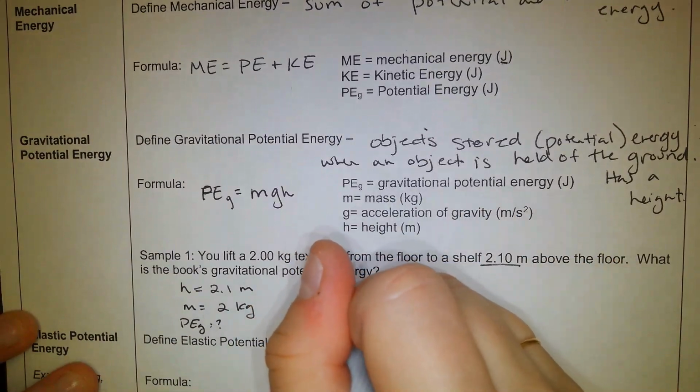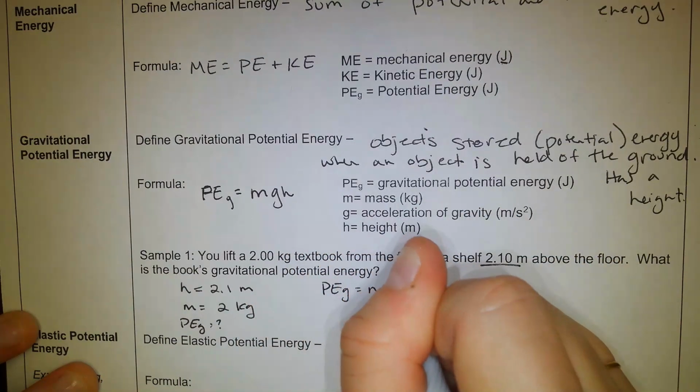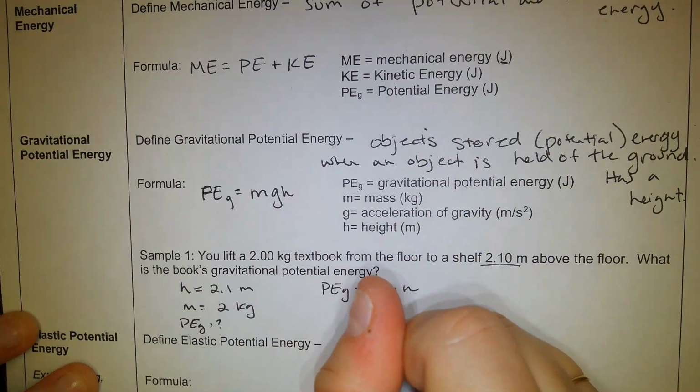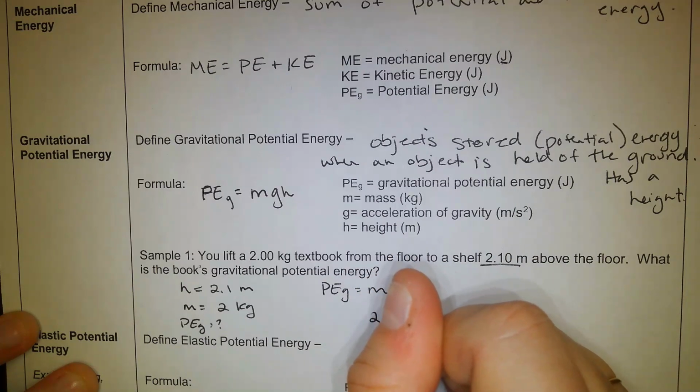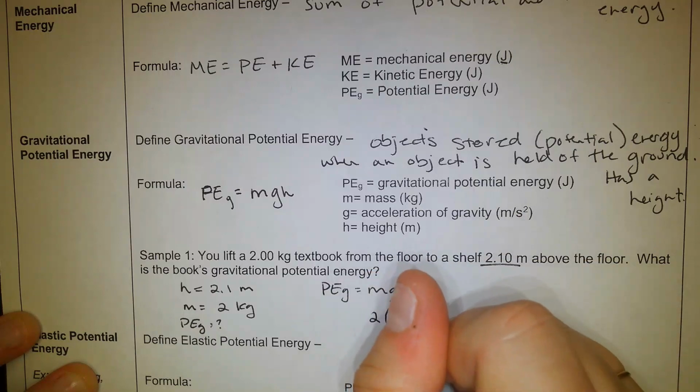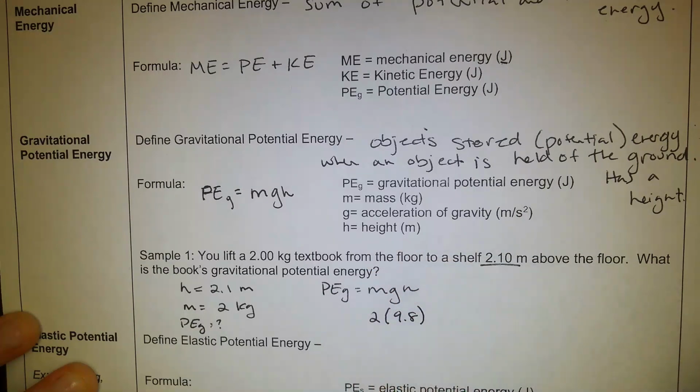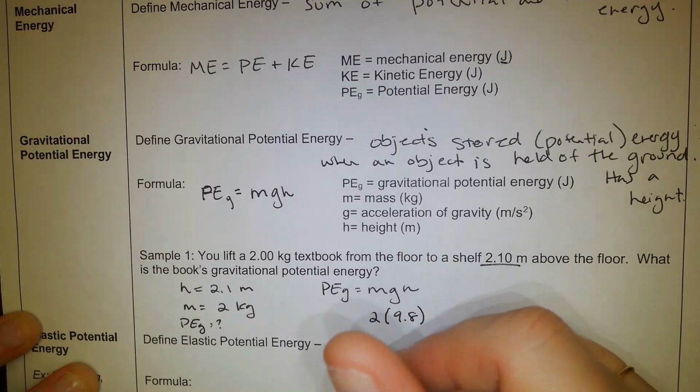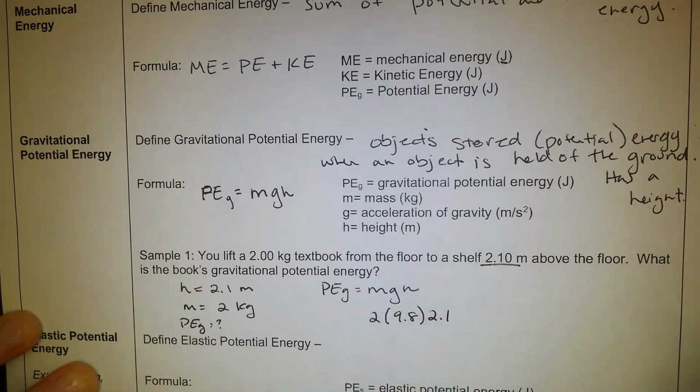Okay, so gravitational potential energy is equal to mass times gravity times height. We know the mass is 2. We know gravity is, we use negative 9.8 a lot in my class, but if we're talking about energy, you're not going to have a negative energy, right? Kind of like you don't have a negative mass or negative time. So go ahead and leave that as a positive 9.8.